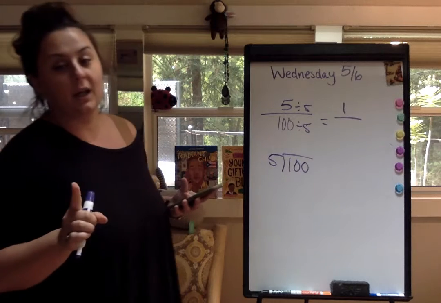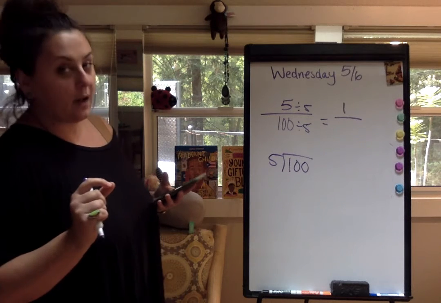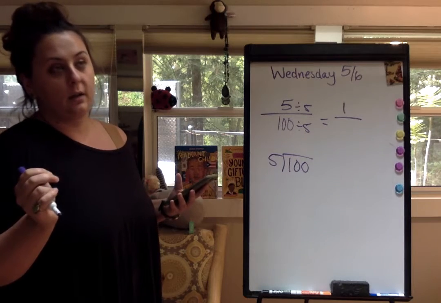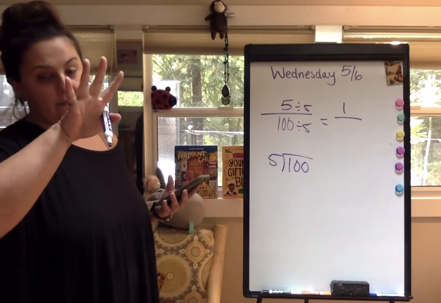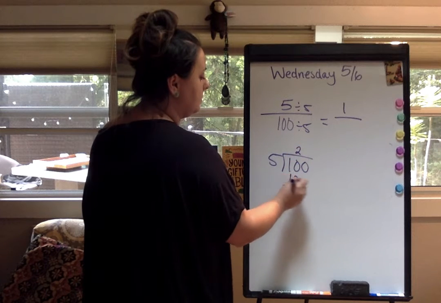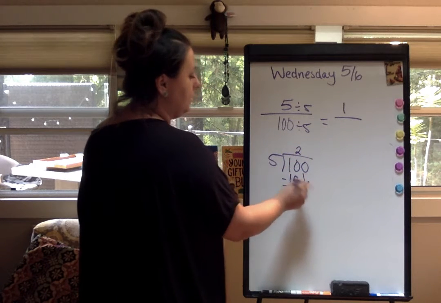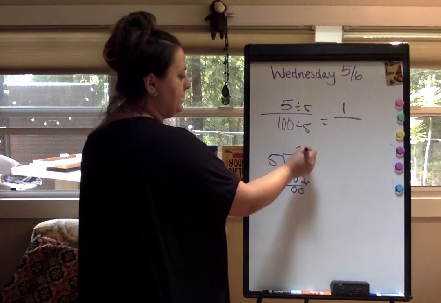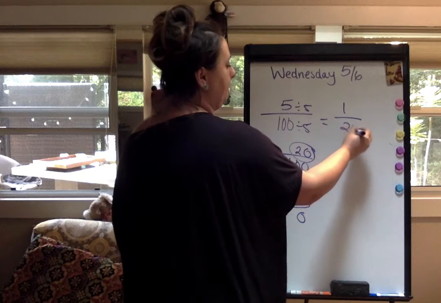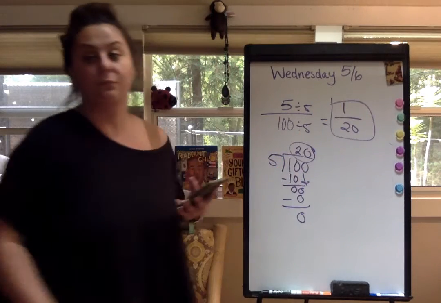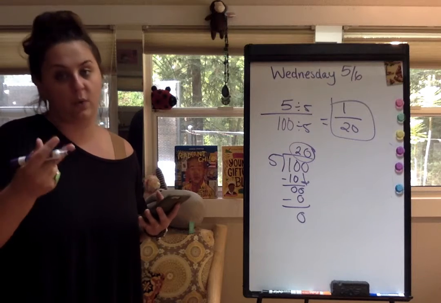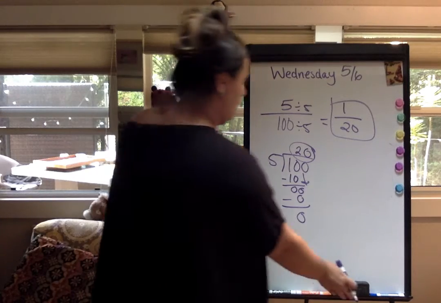But I want you to think, what are all the ways you can make 100? If you want $100, what could you divide it by to have 5? By 5. So 5 goes into 10 2 times. 5 goes into 0 0 times. 1/20. 5 20s make up 100. 10, 20, 40, 60, 80, 100.